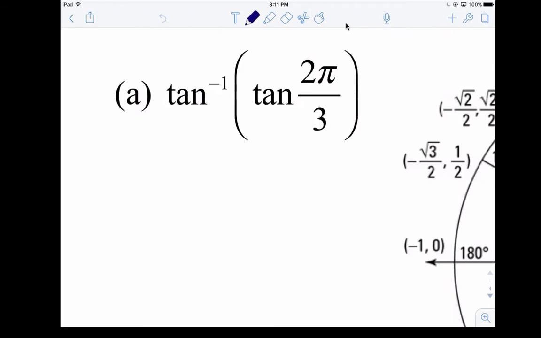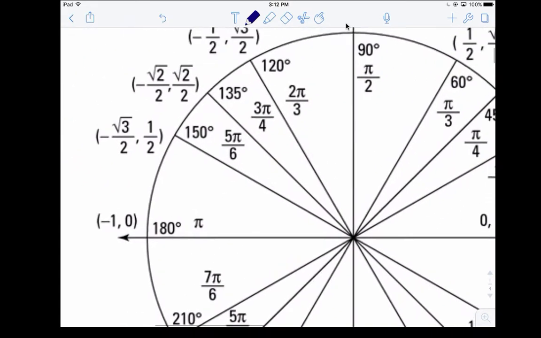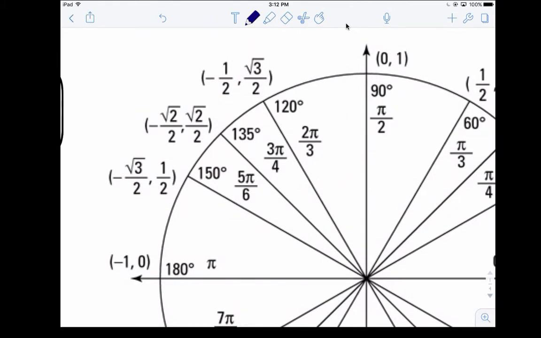Alright, so for the first one I see inverse tan of 2 pi over 3. What I want to do first is evaluate this inside part. So tangent of 2 pi over 3. I look on my unit circle at 2 pi over 3. I want to do the y term over the x term.